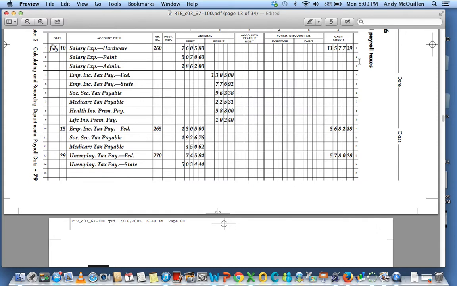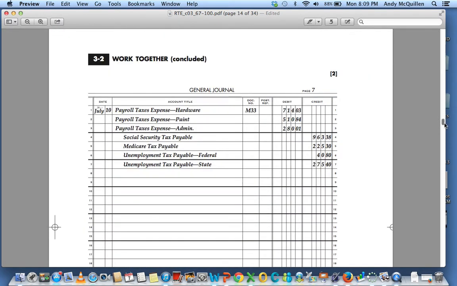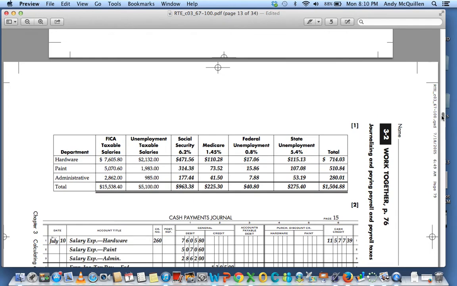On the 10th, again, it asks you to record the employer's payroll taxes for the pay period ended. So on the general journal, we have our payroll taxes expense, 71403, payroll taxes expense, 510, payroll taxes expense administrative, and you get 28001.